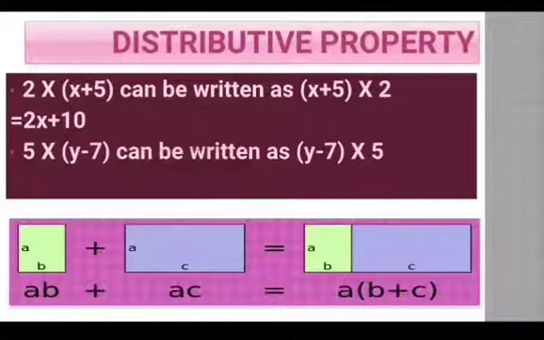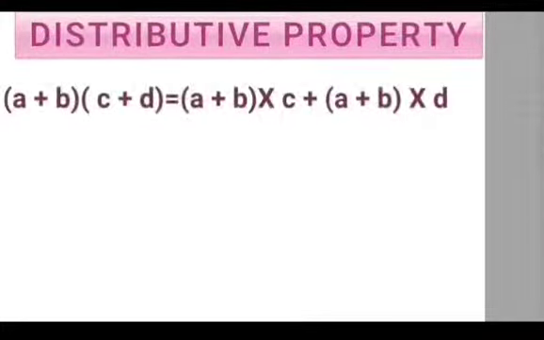I have one more example. 5 multiplied by y minus 7 can also be written as y minus 7 multiplied by 5. And the result which we are getting is 5y minus 35. In the previous E lesson, we have already discussed this distributive property.